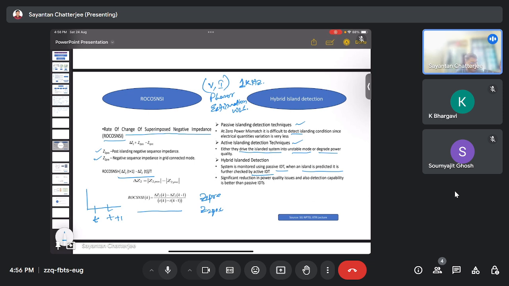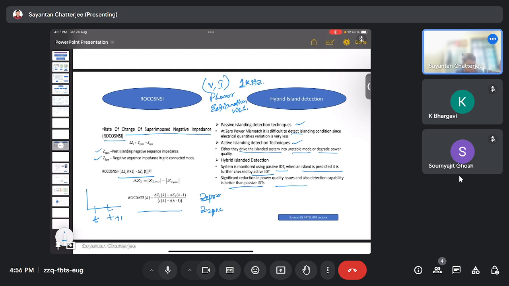There is a significant reduction in power quality issues, and the detection capability is better than passive. So the hybrid becomes much more beneficial compared to active-only and passive-only techniques based on these criteria.